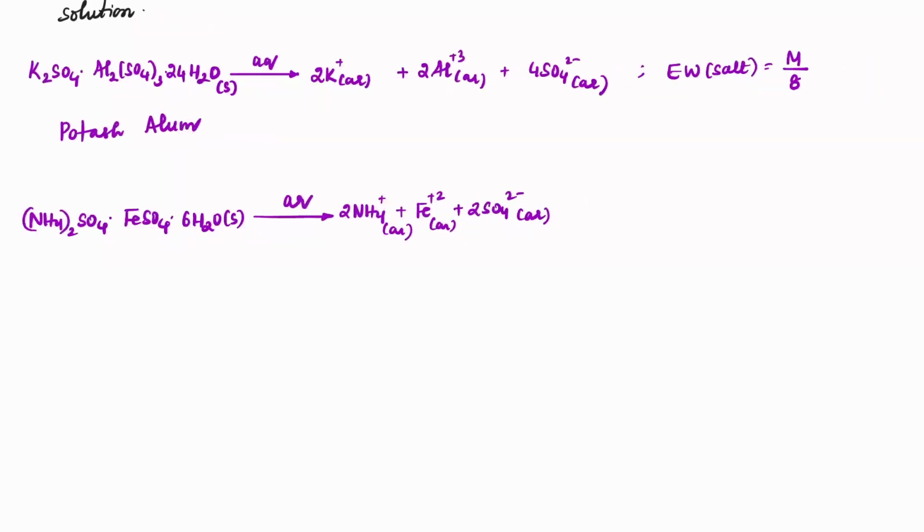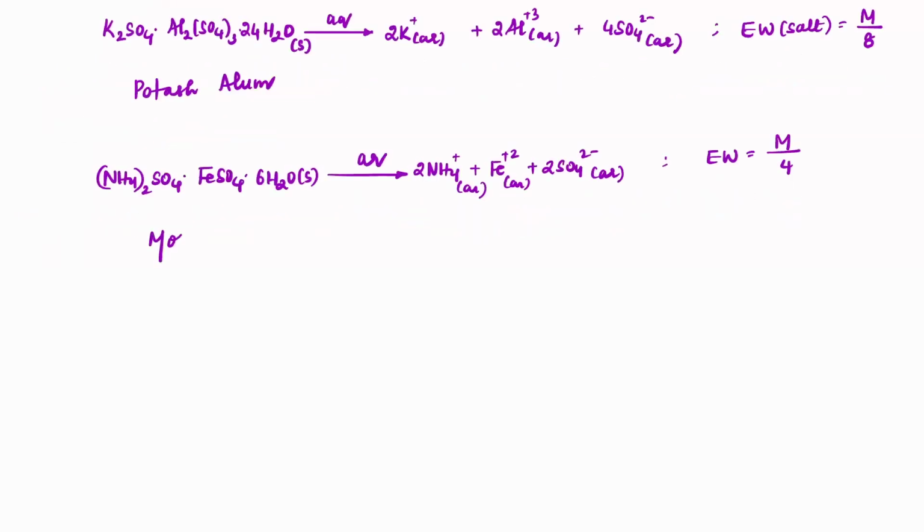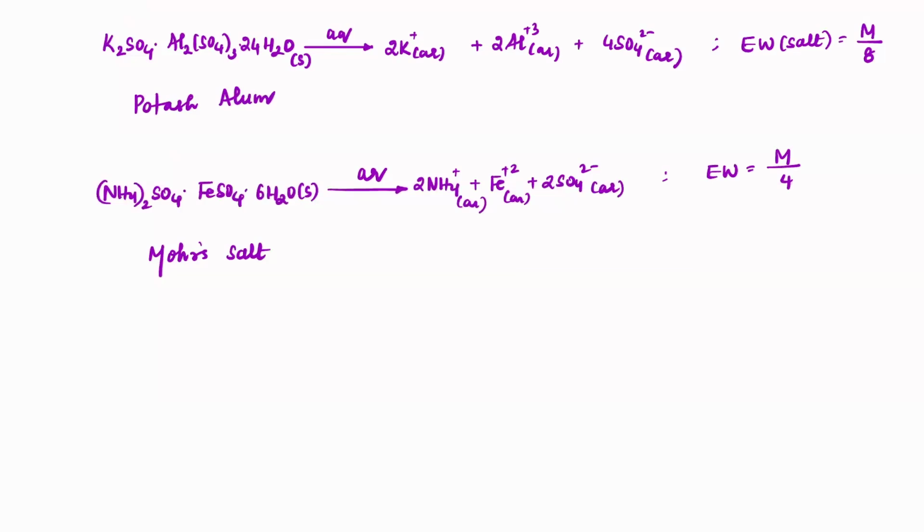In such a case, the equivalent weight will be molecular weight by 4, because the total charge is 4 here. The common name for this particular salt is Mohr salt. Again, a very, very important salt which we'll be using a lot of times in the topics. So remember what Mohr salt is.